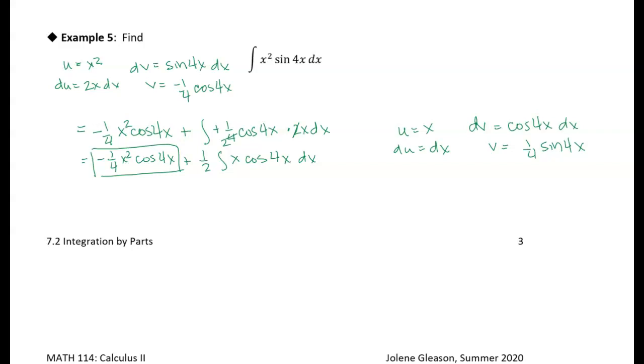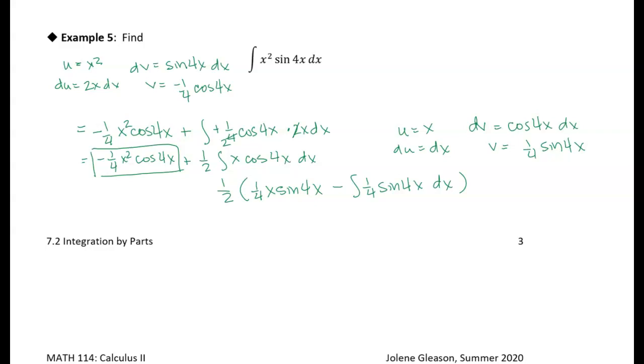So I've got 1/2, and then I'm going to take u times v, so that's 1/4 x sine of 4x, minus the integral of v du, so 1/4 sine of 4x dx. Now I've got everything in terms of something I can integrate. I can integrate this 1/4 sine of 4x.